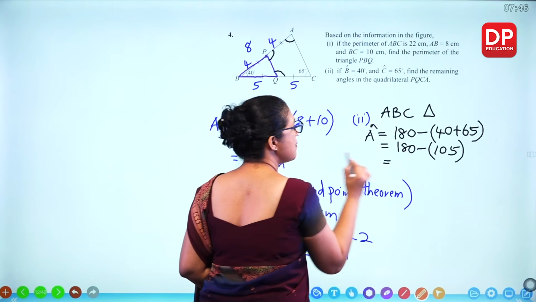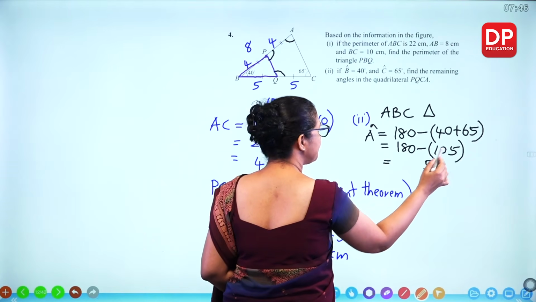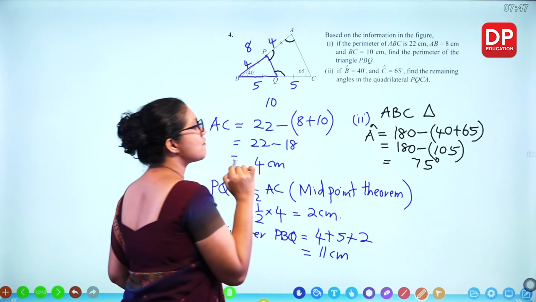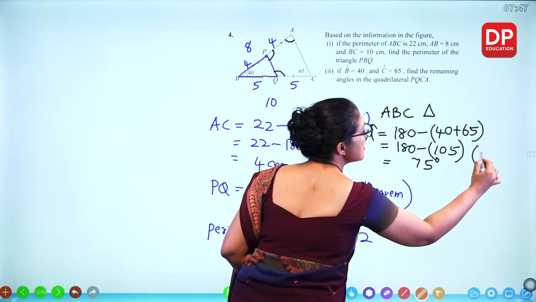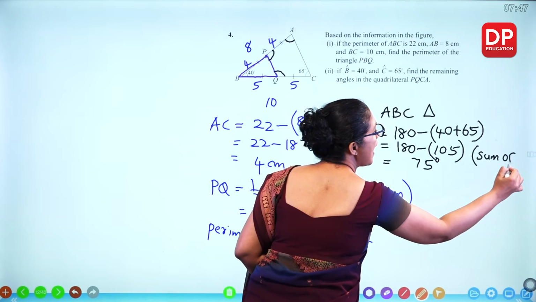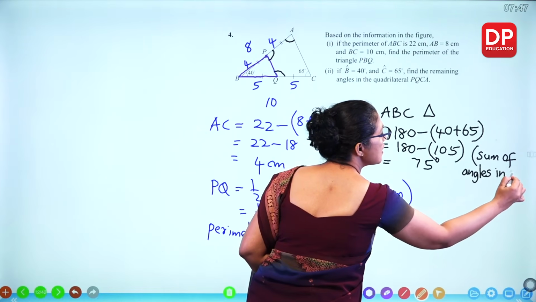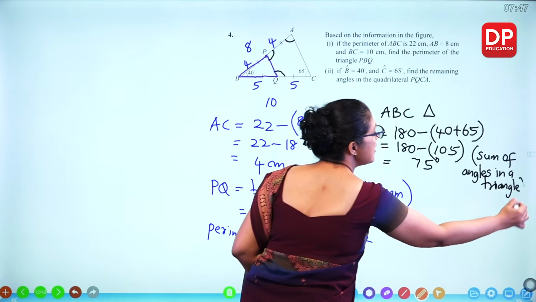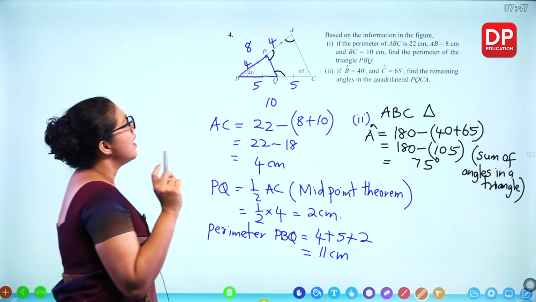So 180 minus 105, you get 75 degrees for A angle. So you can write this is sum of angles in a triangle, that's 180 degrees. That's this angle.